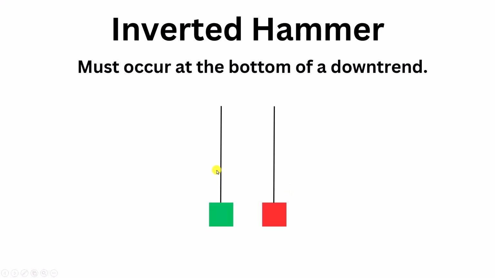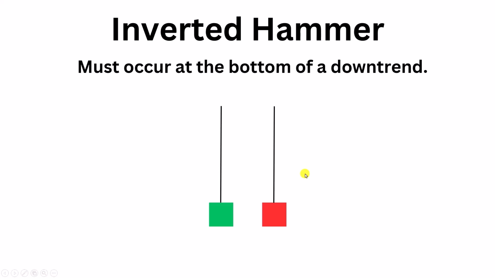But the thing about the inverted hammer is that it appears at the bottom of a downtrend, and it represents a price reversal from there.